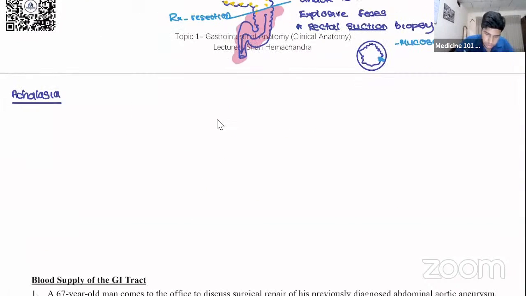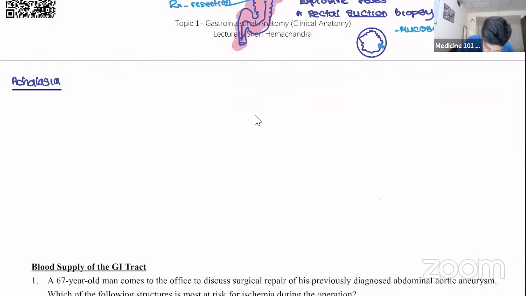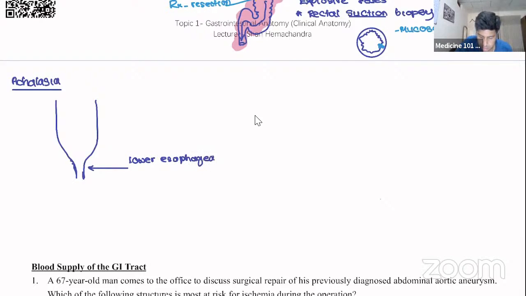So let's go into achalasia. Achalasia is a surgical disease. It is because of 2 things. There's a lower esophageal sphincter, and this fails to relax.